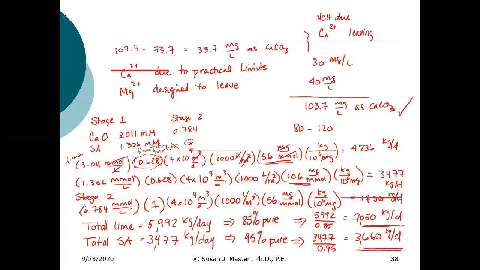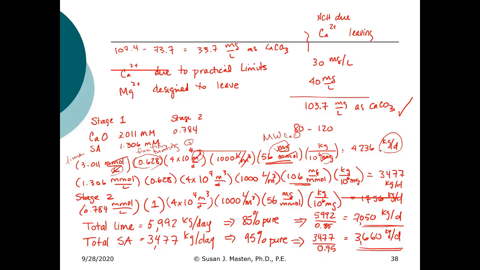This is Q. This is just a conversion because we have liters here and meters cubed here. This is the molecular weight of calcium oxide. And this is just a conversion because we have milligrams here and we were asked for the answer in kilograms per day. I could have asked for milligrams per day, but I asked for it in kilograms per day.